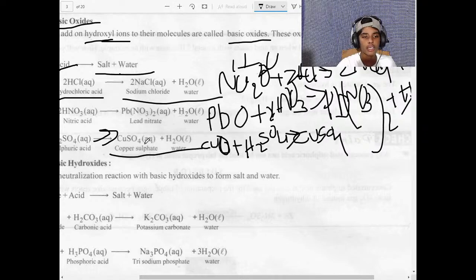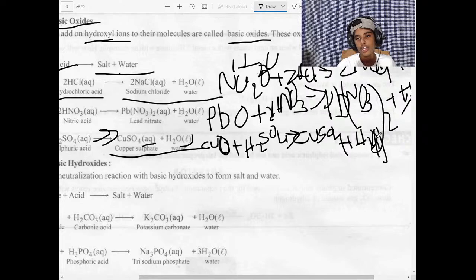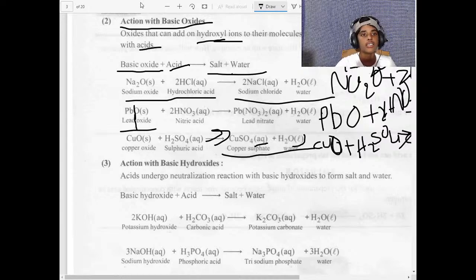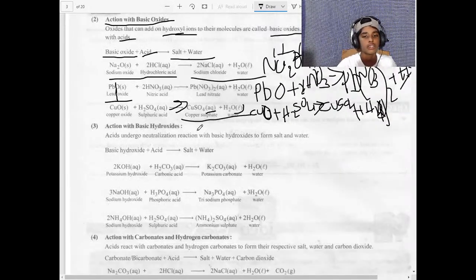This is (aq), aqueous, and this means liquid, plus water (liquid). Don't write liquid (aq).